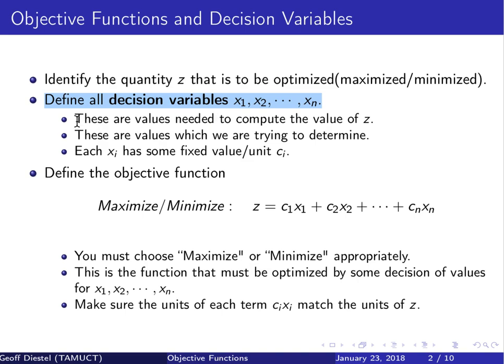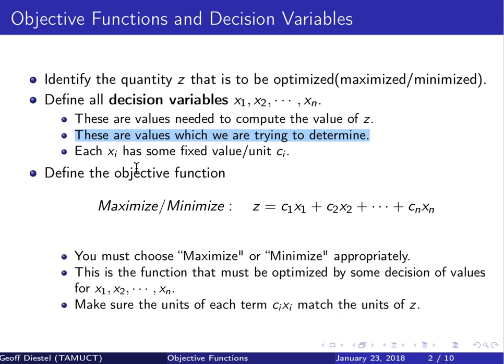So what are the decision variables? Really, these are values that are needed to compute the value of z, but they have values that we don't know. That's why they're variables. The values we want are the values that we have to determine. We want to determine the values of these that are going to obtain our objective of maximizing or minimizing z.